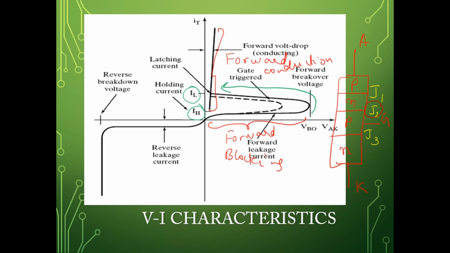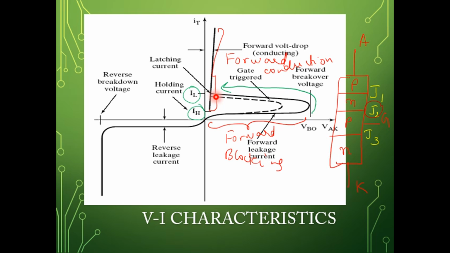What is meant by latching current? Latching current means the anode current should be sufficiently high so that even if you remove the gate signal, the device continues to conduct. At the latching current, the gate signal should be 0, that means the gate current should be 0.